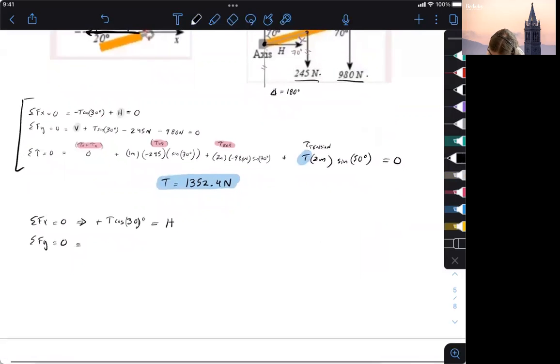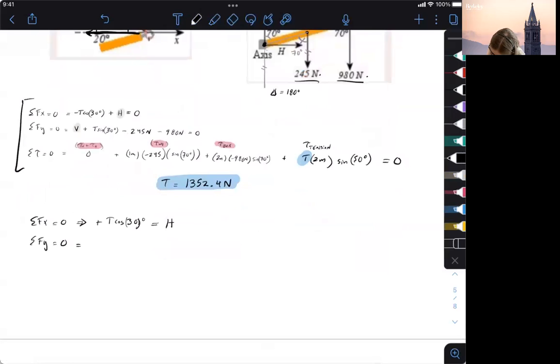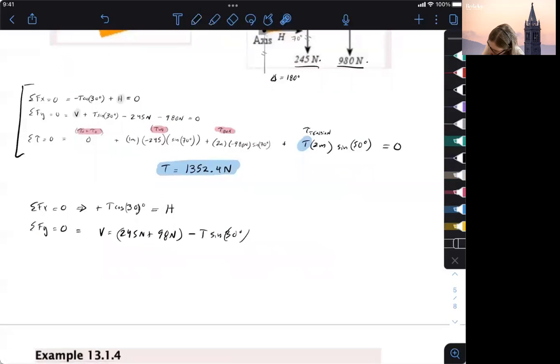And then sum of forces in the y, I can do the same thing here. I can have V is equal to 245 newtons plus 980 newtons, just moving that over, minus T sine of 30 degrees. Okay, so just moving these things over to the left because the sum equals 0. And then I'm going to solve for those guys.